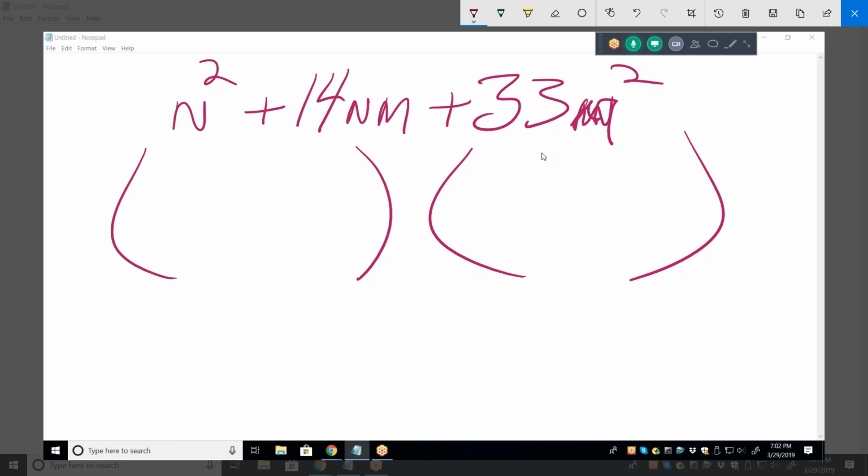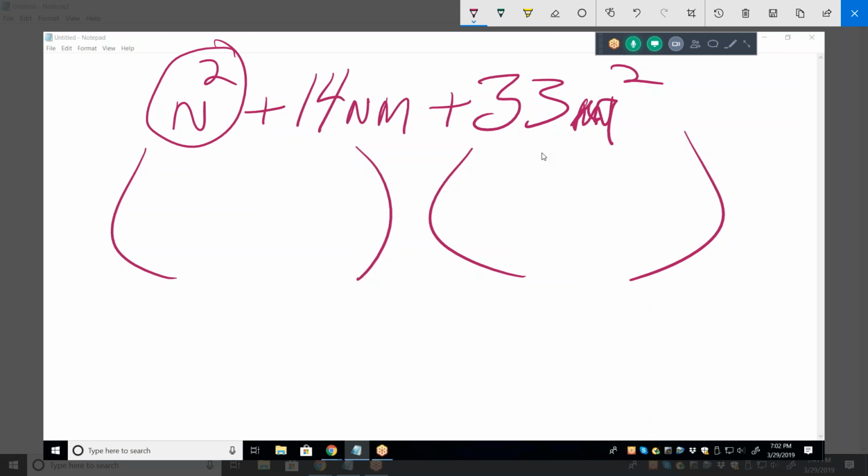Just break that up. There is no common factor. There's no greatest common factor. There's no number that divides into 1, 14, and 33. And there's no variable that divides evenly into n squared, nm, and m squared.